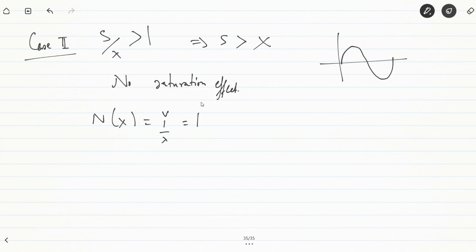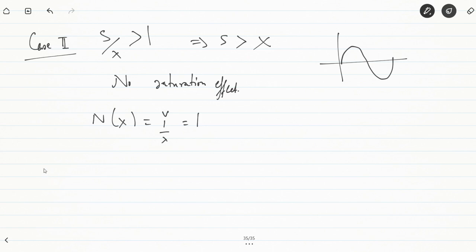If you see the two cases, in the first case there is saturation and our output will be governed by the describing function as shown. In the second case, there is no saturation. The describing function will simply be equal to 1, because our input and output will be the same sinusoidal function. There is no saturation effect, so y by x will be simply equal to 1. They will simply cancel out each other.